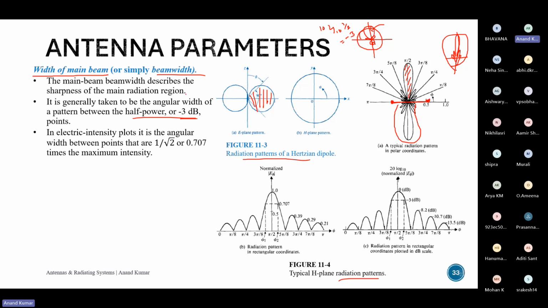So minus 3 dB is the first way to define the main beam width. We also call it the 3 dB beam width.